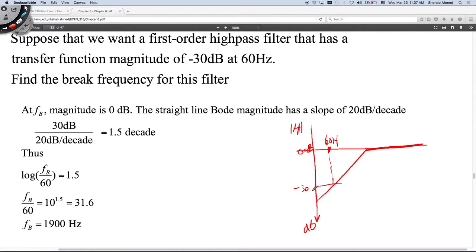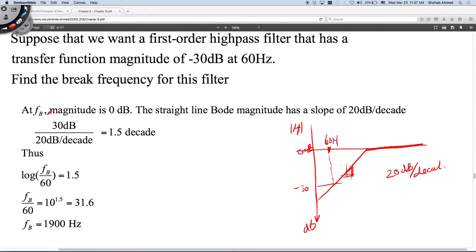So this is minus 30 dB. What do we know about high pass filters? We know the slope of this line. What's the slope of this line for any of our filters, low pass or high pass? 20 dB per decade, right? So this is 60 hertz.